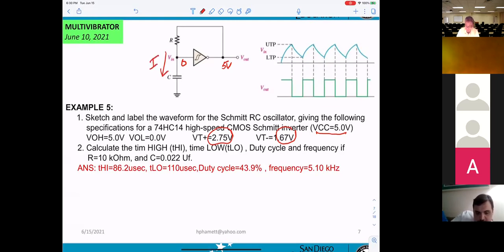You can see here, at the beginning, output will be logic 1. Now the capacitor will be charging, so when it charges up to what voltage? 2.75, right?